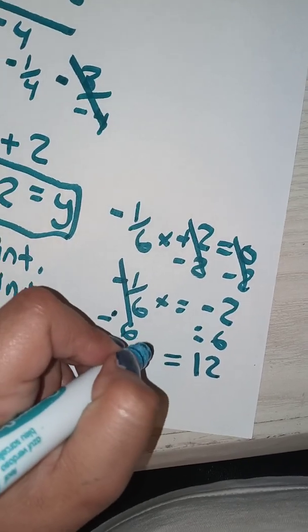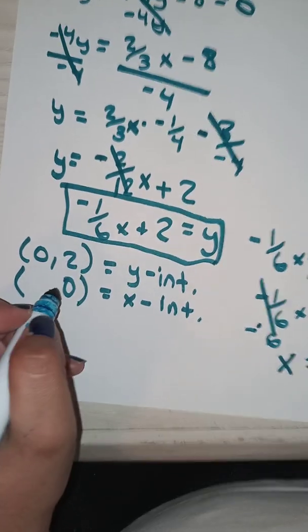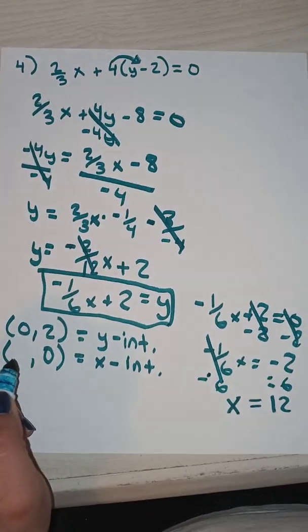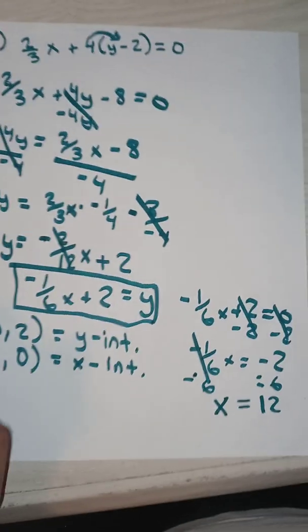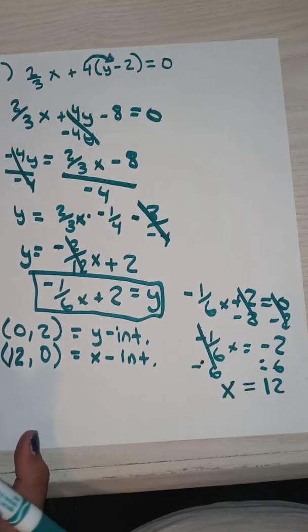We get positive 12 is equal to x. And that is your x-intercept for problem number 4. It will be positive 12, 0. And of course, you can pause the video and double check your work.